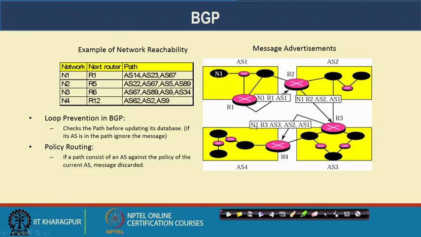From R4 we see AS3, AS2 and AS1, then the next router is router 3 and the destination network is N1. So this is the way the paths can be defined for different networks, with the next router and the path.